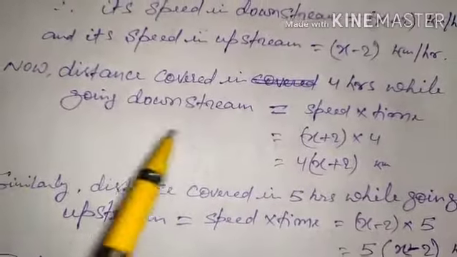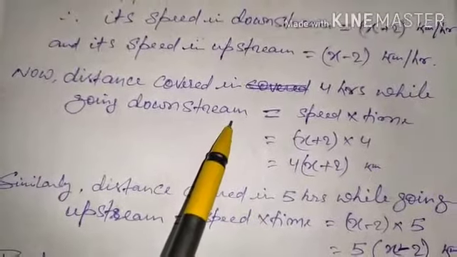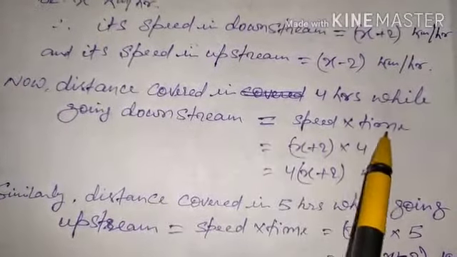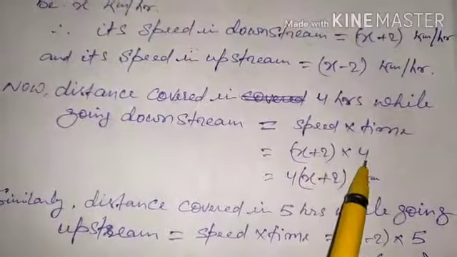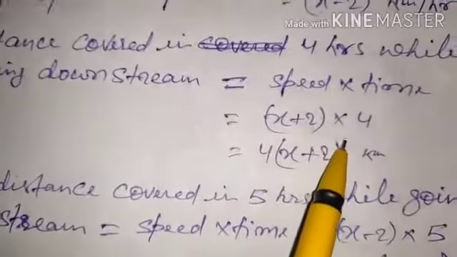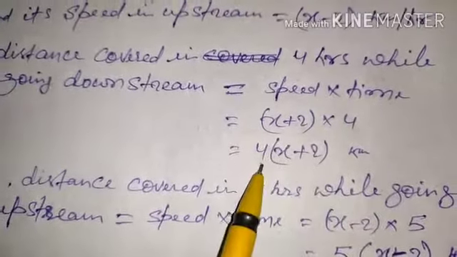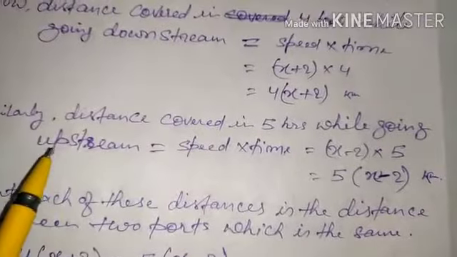Now the distance covered in 4 hours while going downstream. Distance formula is speed into time, and we have both. Speed is x plus 2 km/h, and the time is 4 hours. Multiplying both, we get 4 into x plus 2 km. This is the distance between the two ports.